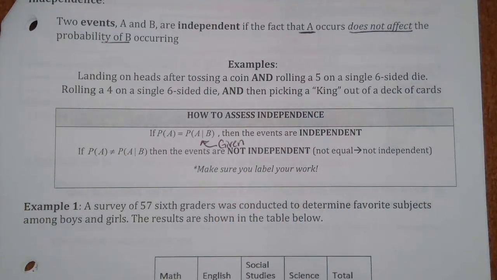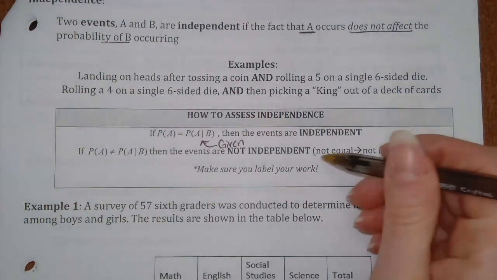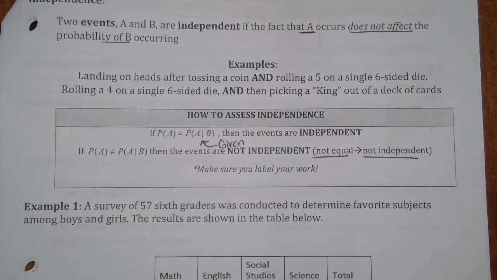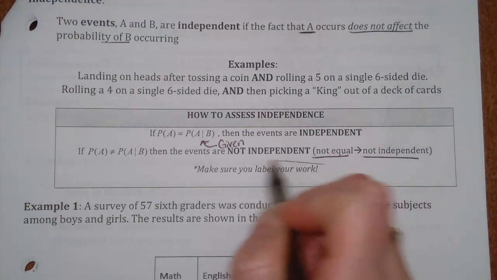And if even after putting a condition on it, like given they play a sport, the probability that they also participate in band or something like that, is equal to just being in band by itself, then we consider those events independent. If they're not equal, then they're not independent. So not equal, not independent. Equal is independent.